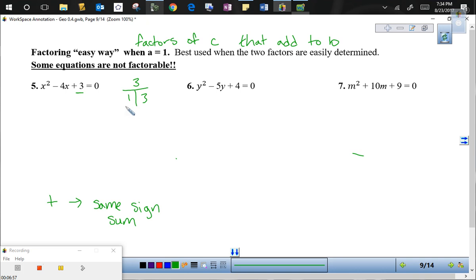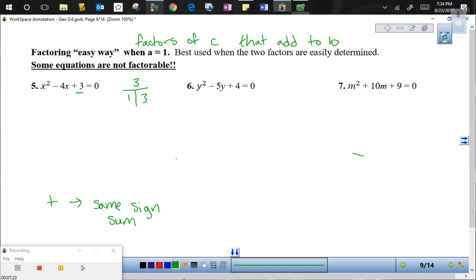They're either going to be both positive or both negative, because a positive 1 times a positive 3 is a positive 3, and a negative 1 times a negative 3 is a positive 3. So that's going to mean we have to use the same sign, whether it be positive or negative. But it also means we're looking for a sum. That means the two numbers have to add up to be this 4.